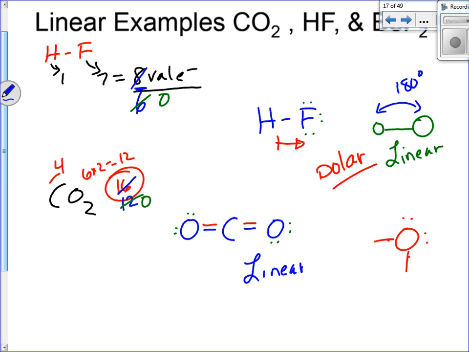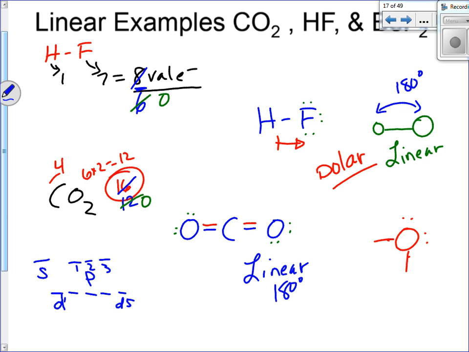straight line, 180 degrees, and if you want to count the hybrid orbitals, you just count them based off of the orbitals in the sublevels. So S has 1, P's have 3, and then D's, of course, we'll get to later, have 5, right? D1 to D5 here, whatever, okay?